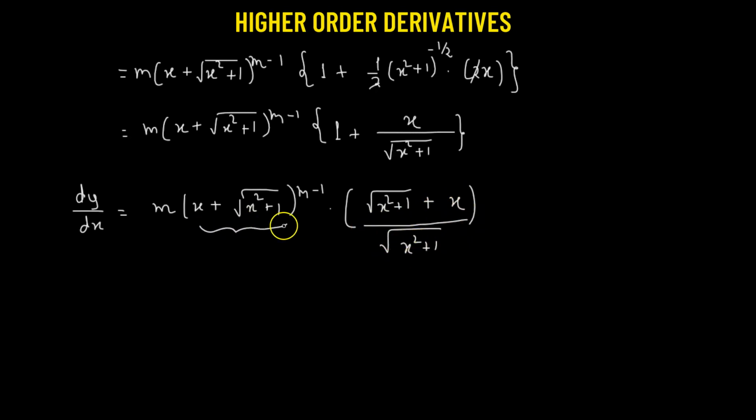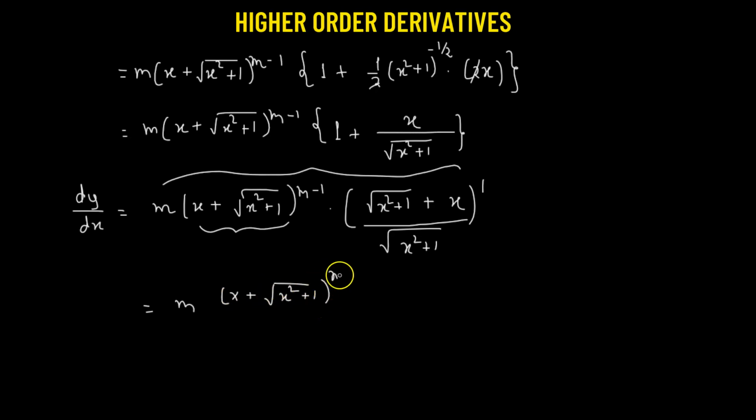Now you can see that this expression (x plus square root of x squared plus 1) raised to the power of m minus 1 is multiplied to x plus square root of x squared plus 1. So when we combine these two terms, that's going to give us m times (x plus square root of x squared plus 1) whole raised to the power of m minus 1 plus 1, the whole thing divided by square root of x squared plus 1.